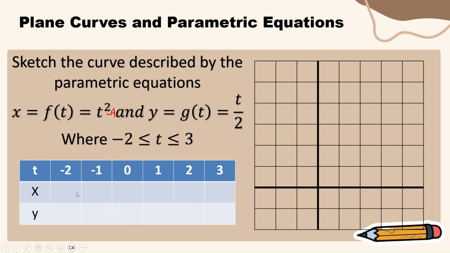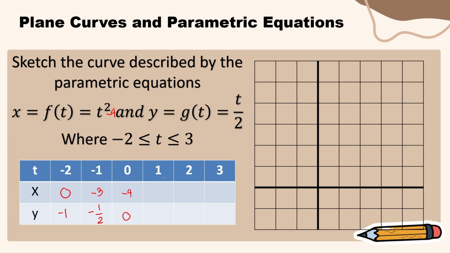So, if t is negative 2, so our x would be equal to 0, while our y naman is negative 1. If t is negative 1, our x is equal to 3. Then our y would be equal to negative 1/2. Then after that, if t is 0, x is equal to 4, then our y is 0.